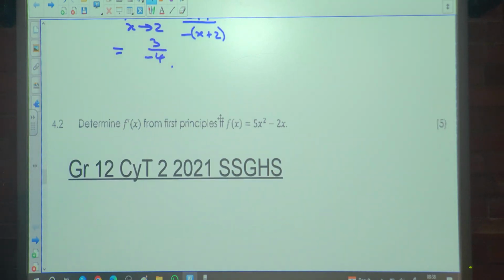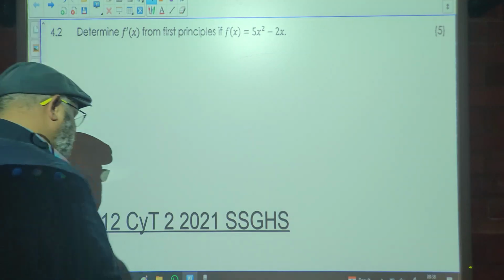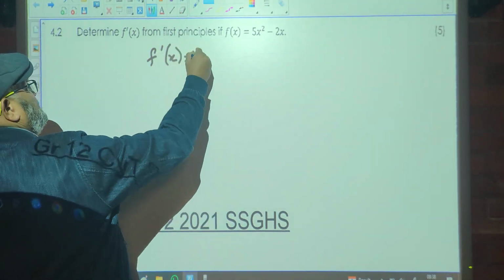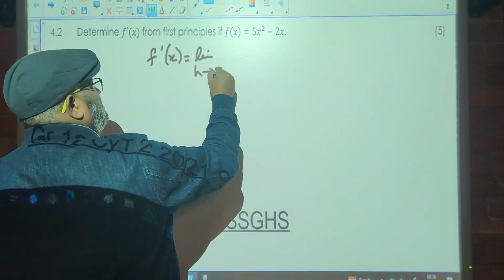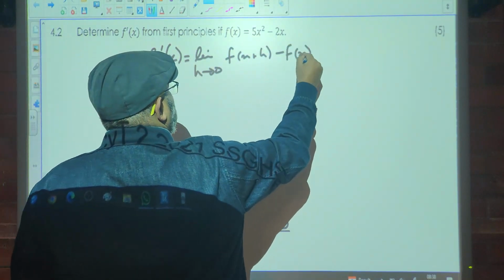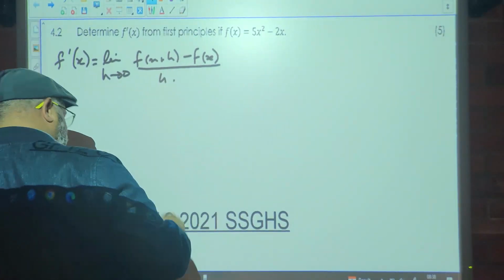So the next one, determine f prime x from first principles. I must apply the rule. So f prime x, the formula is the limit as h approaches 0 of f of x plus h minus f of x all over h. Okay.